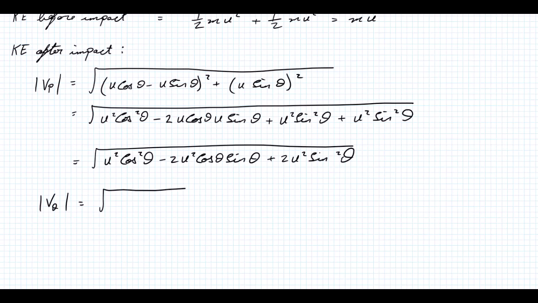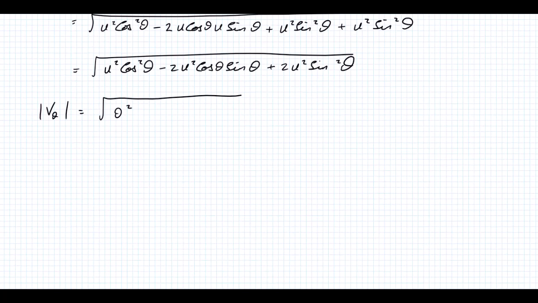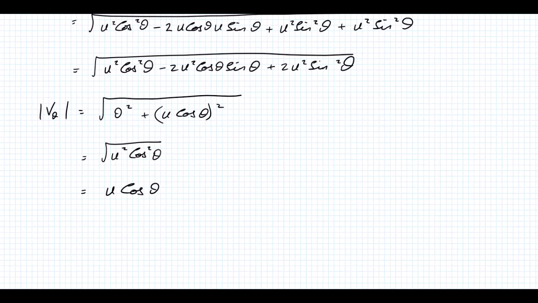So that's just going to be the square root of 0 squared plus u cos theta squared here. So that's simply the square root of u squared cos squared theta, which is just u cos theta.